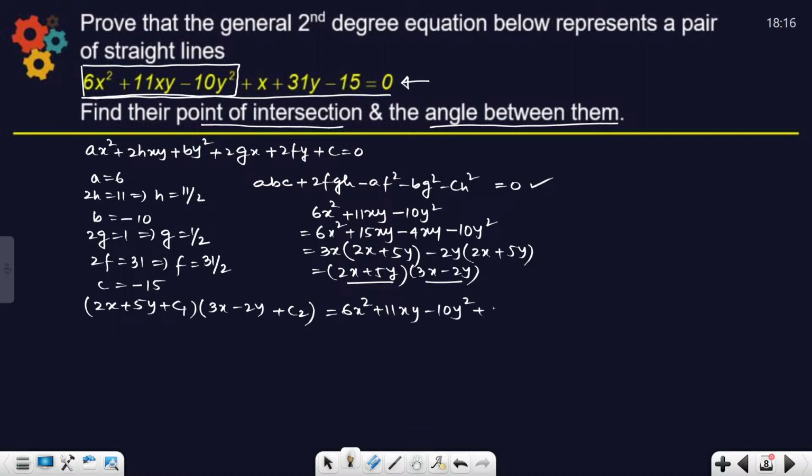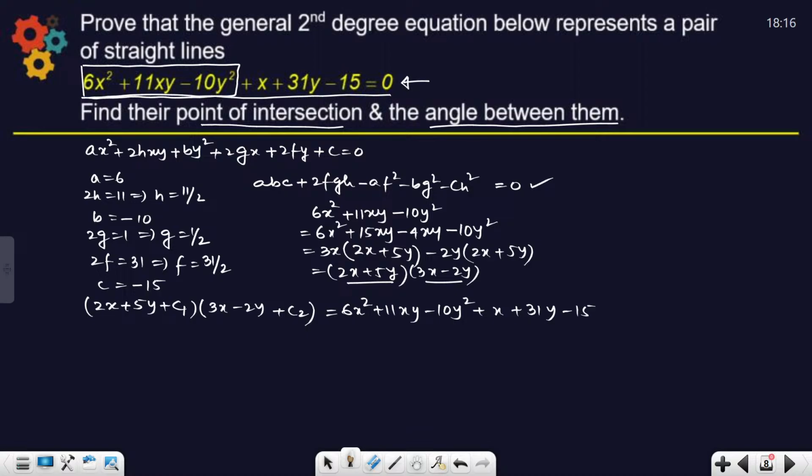Is it clear? This is how we find out the equation of two straight lines involved in this general second degree equation. Now the question comes here, how to find out C1 and C2?